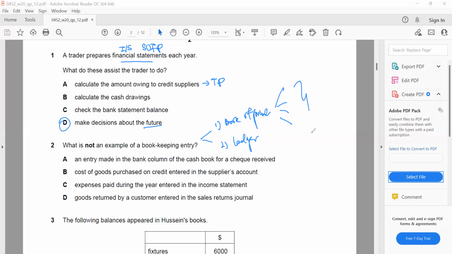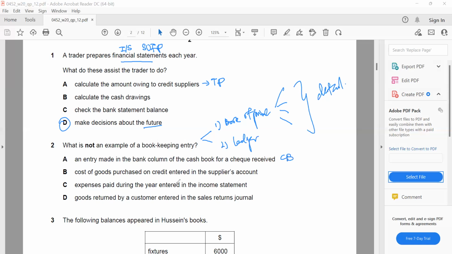So basically these two are the detailed recording. An entry made in the bank column of the cash book for a cheque received is under the cash book. Cost of goods purchased on credit entered in the supplier account is under the purchases journal and purchases ledger.